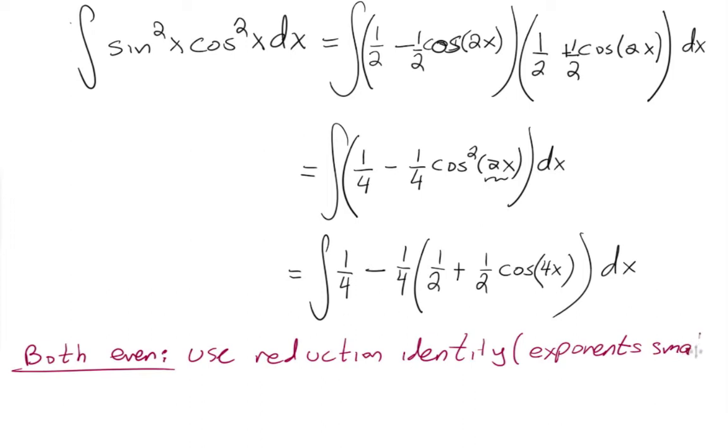The reason why you don't want to do this if they're big is because, let's say, for example, this was cosine to the 4th or to the 6th.